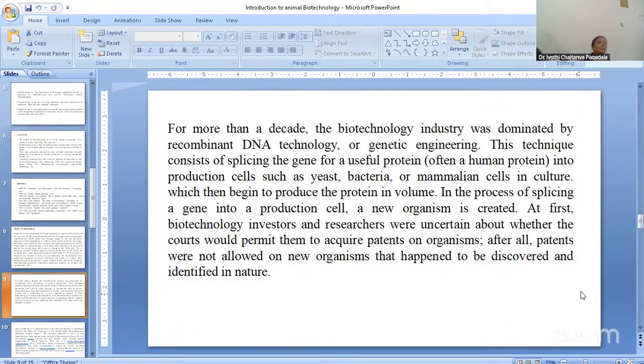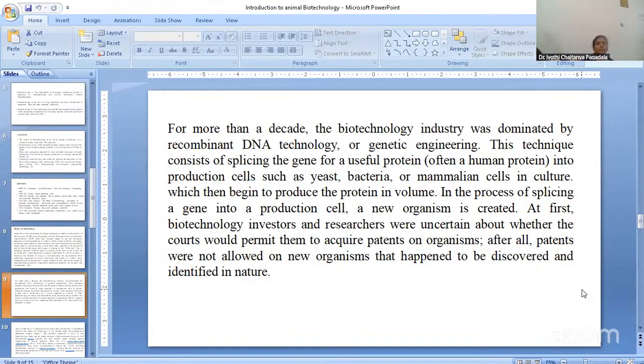Then coming to advanced biotechnology, like recombinant DNA technology, the technology which we are now enjoying. For more than a decade, the biotechnology industry was dominated by rDNA technology or genetic engineering.